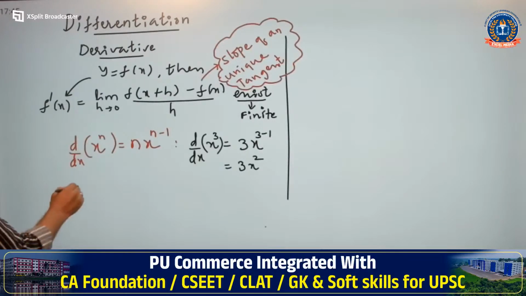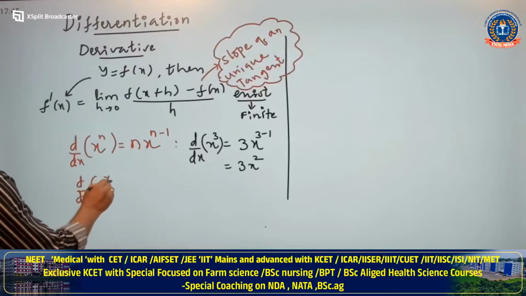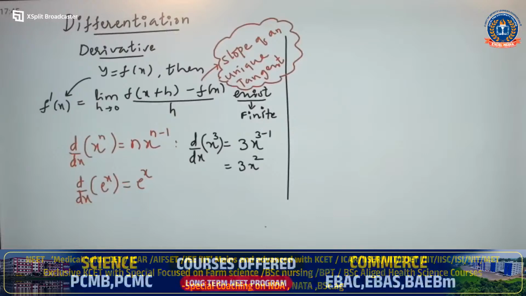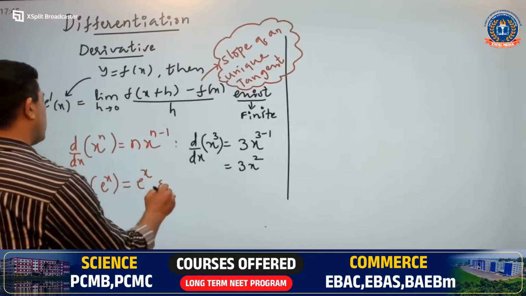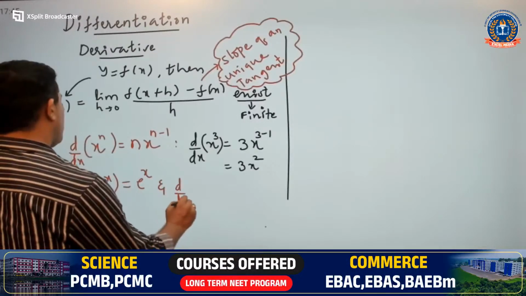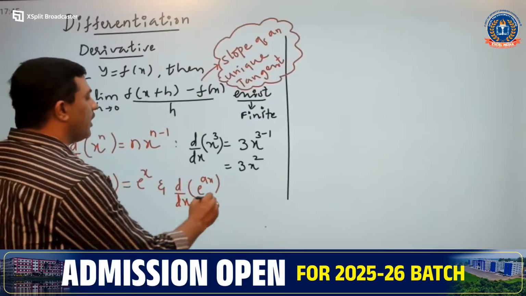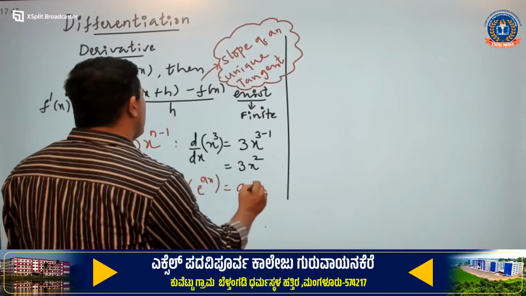Then the derivative of e raised to x is e raised to x only. Along with this, let me write another: derivative of e raised to ax is a into e raised to ax.